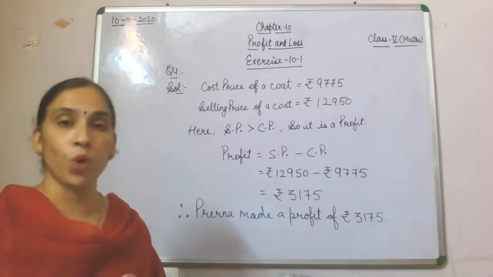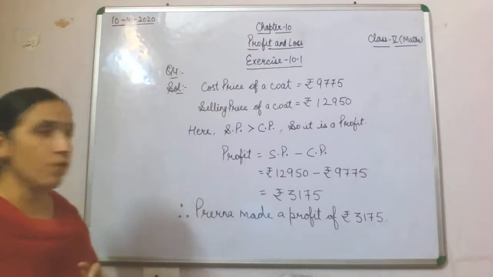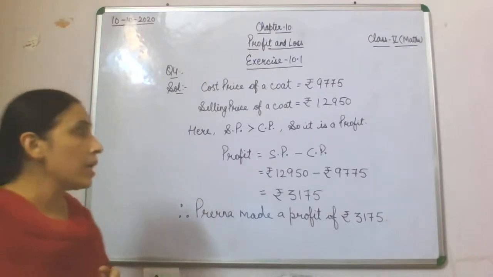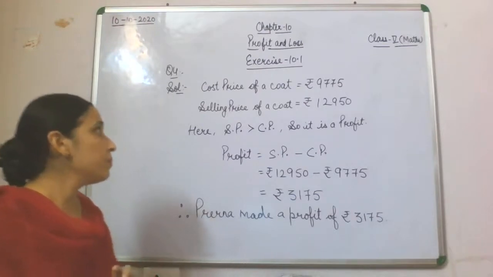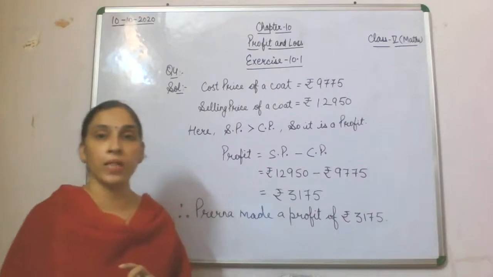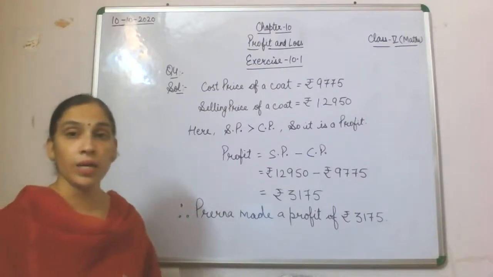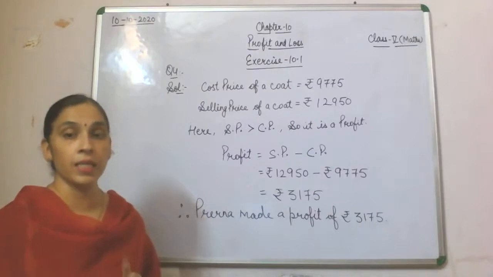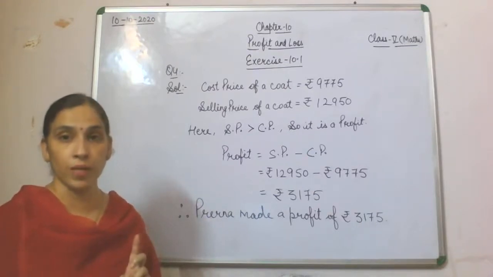Find the profit or loss. Now here cost price of a coat is rupees 9,775 and selling price of a coat is rupees 12,950. Now here you can clearly see that selling price is more than cost price.